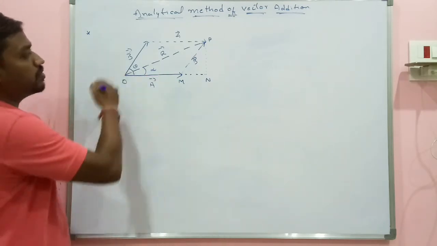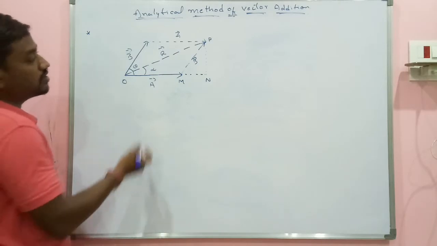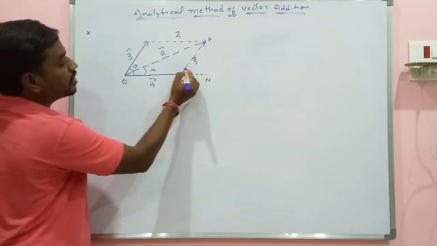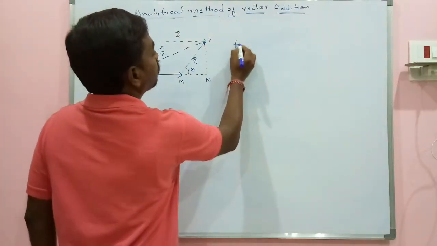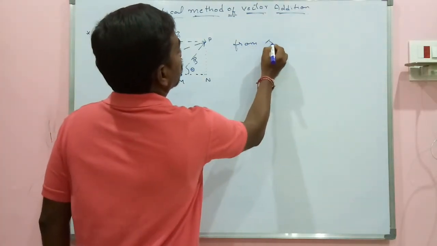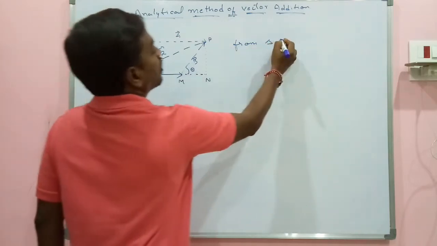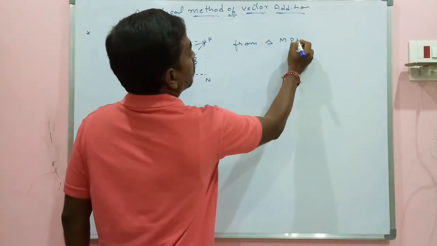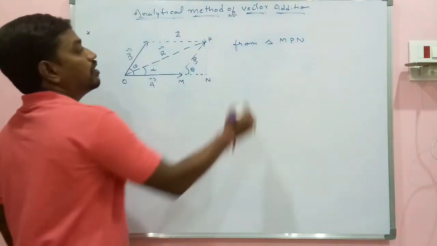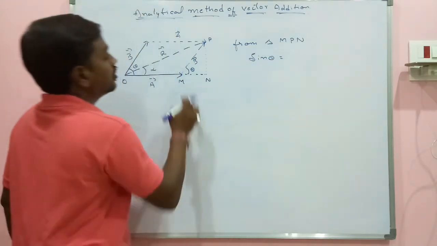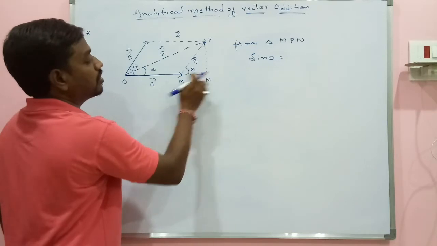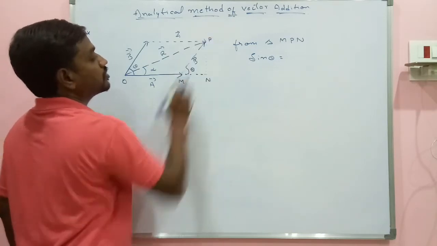Now here I have some triangles, and using the triangles, if this angle is theta, this also will become theta. So from the triangle MPN, we'll be getting sine theta is equal to opposite side by hypotenuse.